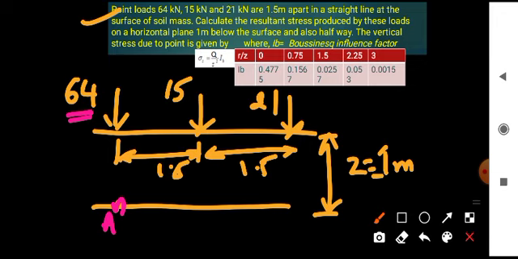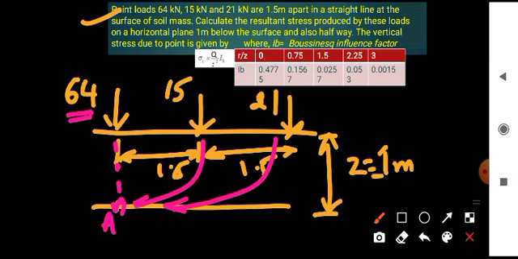Now there are three influences. First is the influence by 64 kilonewton, the second is the influence produced by 15 kilonewton, and the third is due to 21 kilonewton. So there are three influences on this particular point.